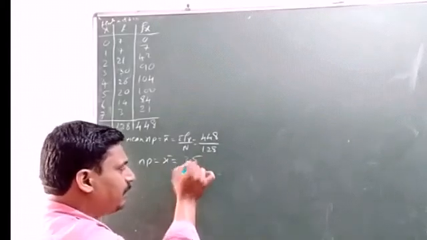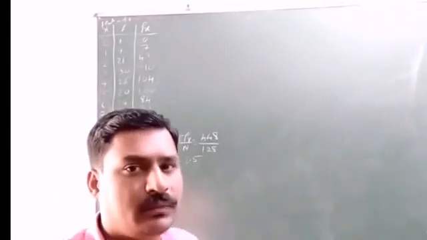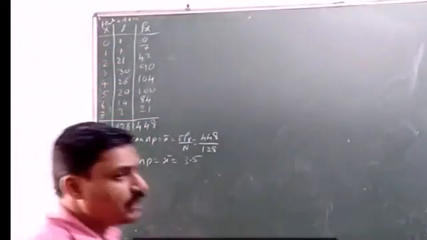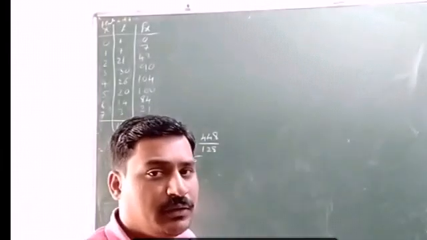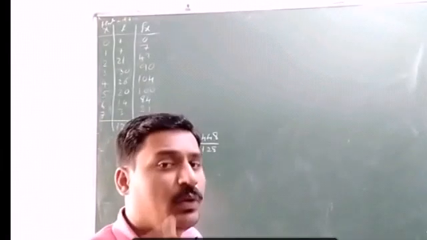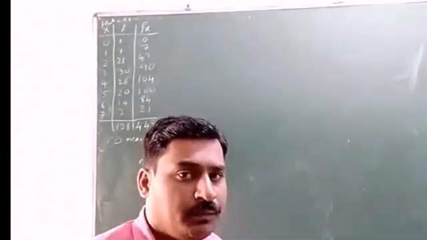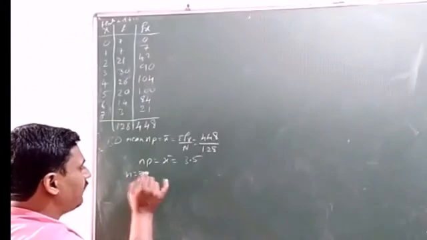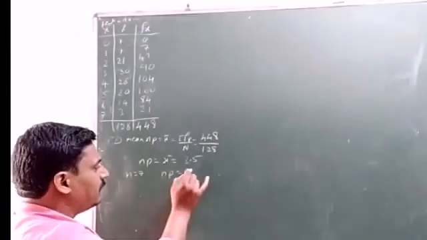So 3.5 is NP. Okay, so N is 7 here. 7 coins were tossed 128 times. So 128 is capital N and 7 is small n. So here n is equal to 7. So NP is equal to 3.5.